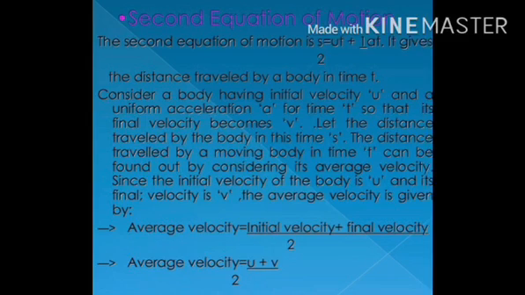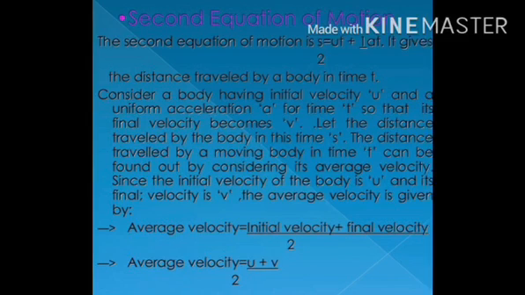The distance traveled by a moving body in time t can be found by considering its average velocity. Since the initial velocity of the body is u and its final velocity is v, the average velocity is given by initial velocity plus final velocity upon 2.